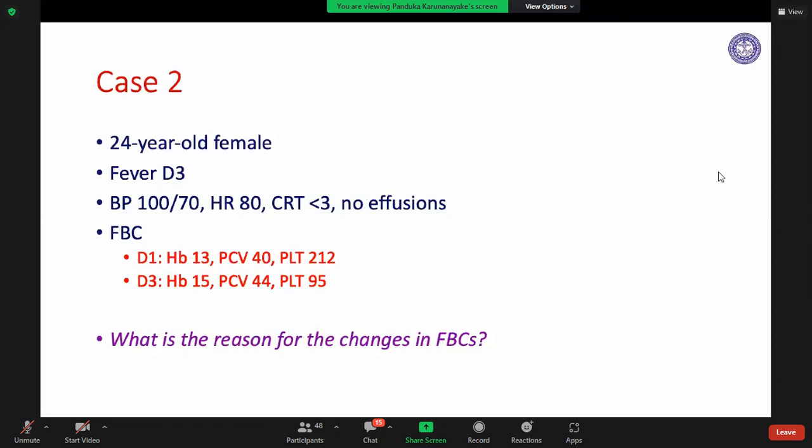She is in day 3 and her platelet count is 95. I said it has to fall below 100. So why do you think that at 95 she will have such a significant leakage, whatever the first day's count may be? What do you think? Do you understand, or do you have any more doubts?